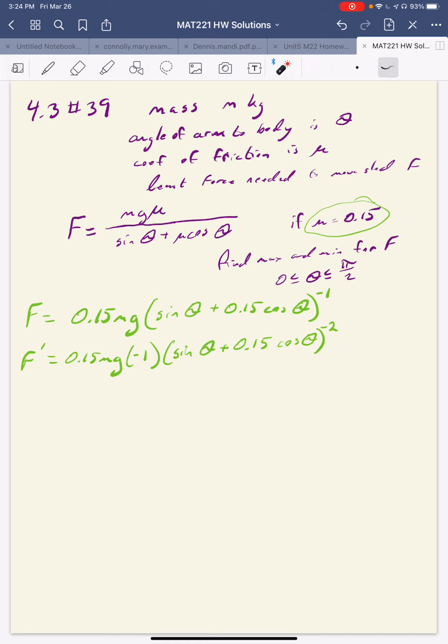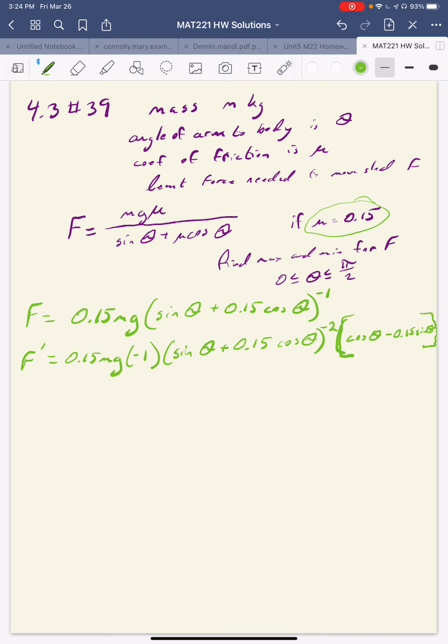Make sure you put parentheses so you remember that this is all one term. The derivative of sine theta is cosine theta, and the derivative of cosine is negative sine, so I'd have minus 0.15 sine theta.